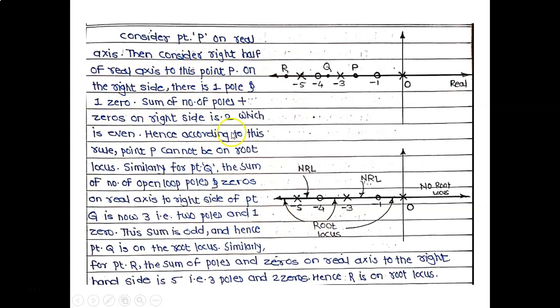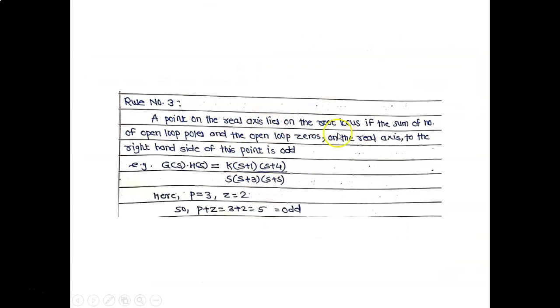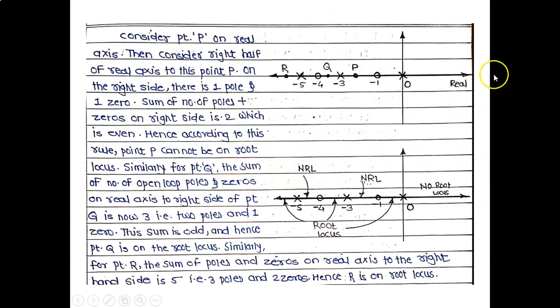Now to understand the above concept, that is where the root locus region lies, we will consider these two graphs and then you will understand. Now consider point P on the real axis. This is the point P on the real axis. Now cross represents poles and circle represents zeros.